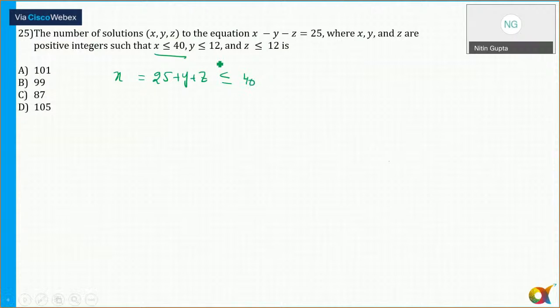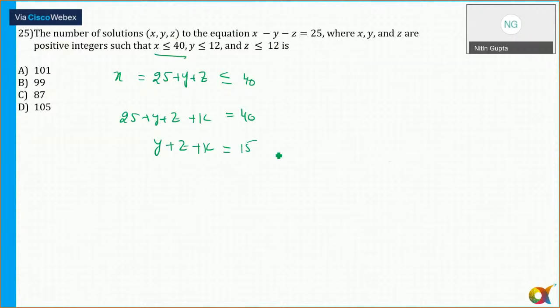Let's add a third variable k such that the sum is equal to 40. Because if 25 plus y plus z is less than or equal to 40, by adding something, it might be exactly equal to 40. Then I can say y plus z plus k is equal to 40 minus 25, which is 15.